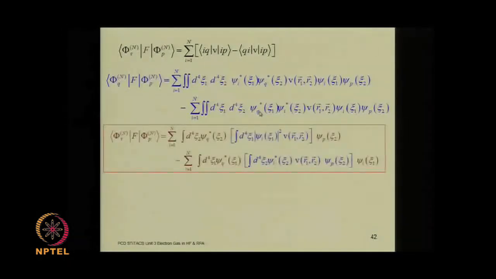And now I am doing a little bit of rearrangement of the term. Both the terms are double integrals, integrations over xi1 and xi2. So, I sandwich the integration over xi1 in the middle and pack all the terms in xi1 inside this term. Outside this bracket there is nothing with the argument xi1, it is all packed inside this term.